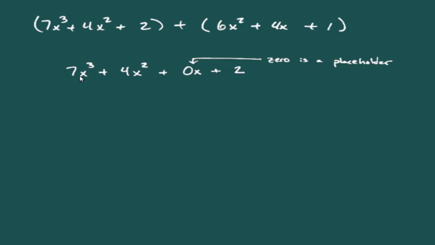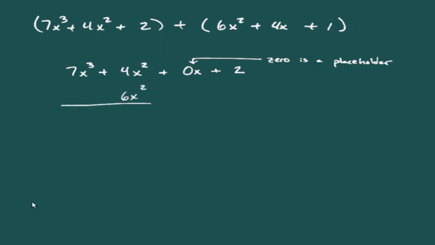So we'd have 7x cubed plus 4x squared plus a 0 times x plus 2. The 0 again is kind of acting like a placeholder for our usual numbers.